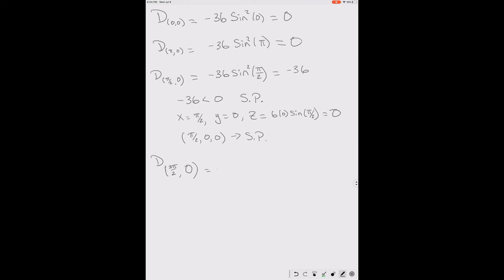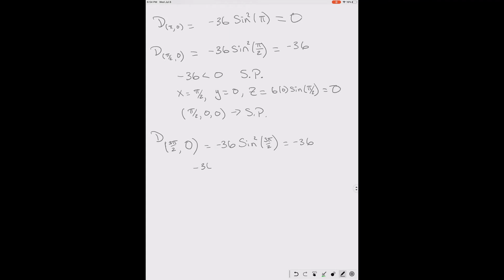And what do I get? Well, I get minus 36 times the sine squared of 3 pi over 2. And when I take the sine of 3 pi over 2, I get negative 1. But negative 1 squared is positive 1. And positive 1 times negative 36 is negative 36. So once again, negative 36 is certainly less than 0. So that means I have a saddle point.